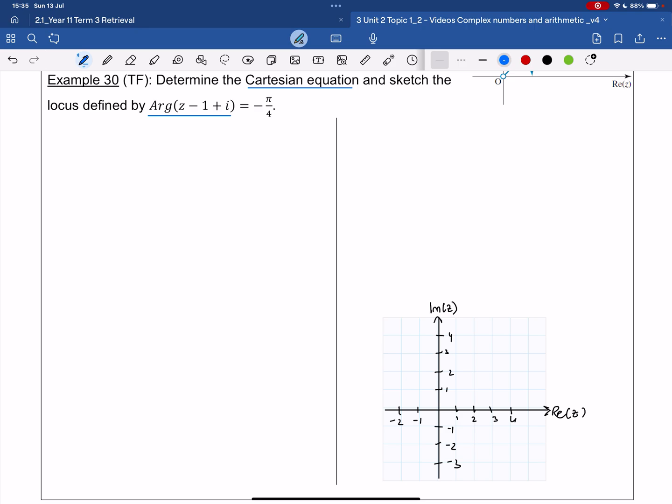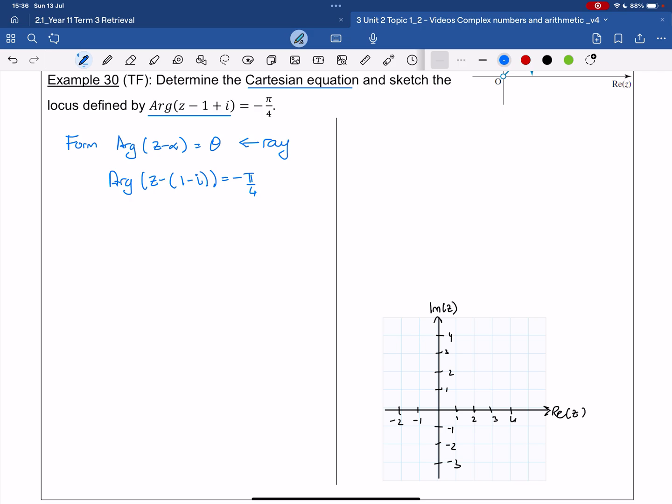Okay, so our form for these is actually going to be arg of z minus alpha is equal to some angle theta. So this is going to tell us that this thing is a ray. And so what we've got here is the argument of z minus 1 minus i is equal to negative pi on 4.